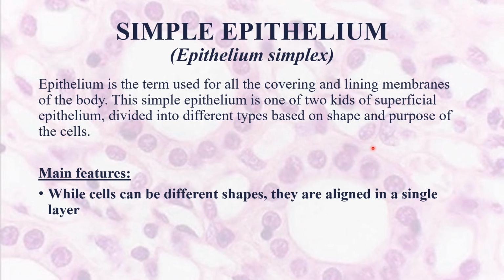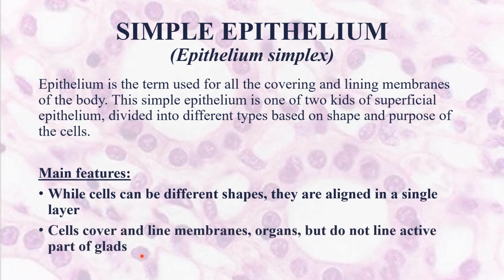That means that the bottom of the cell is always reaching the base. And as I already said, while they cover membranes, they line different cavities, organs, even veins and arteries, but they do not line the active part of the glands.